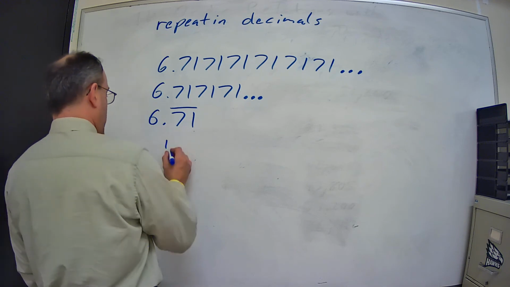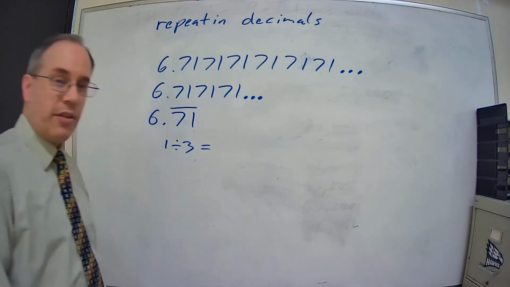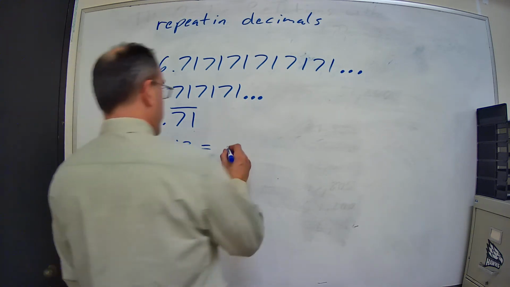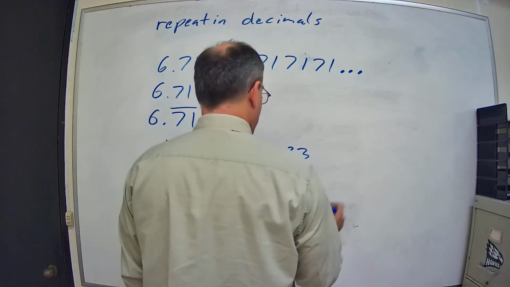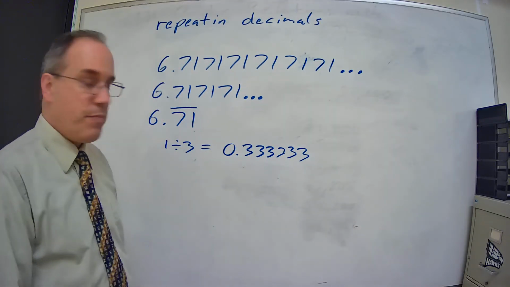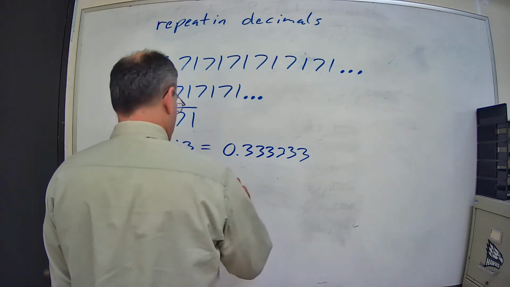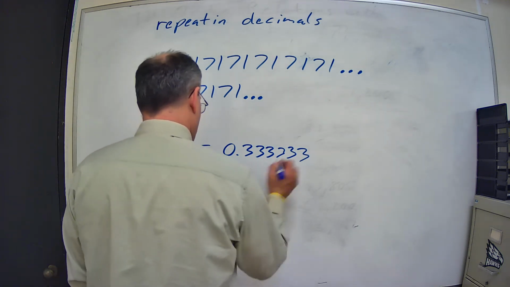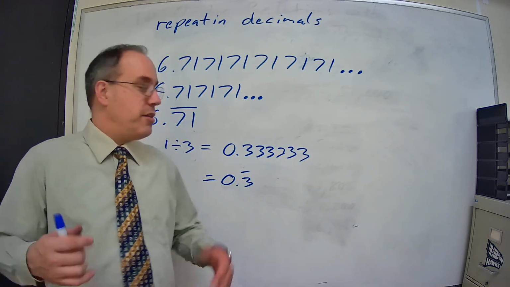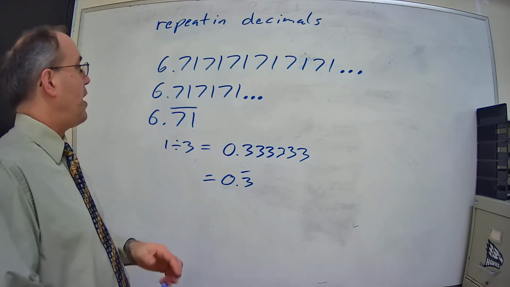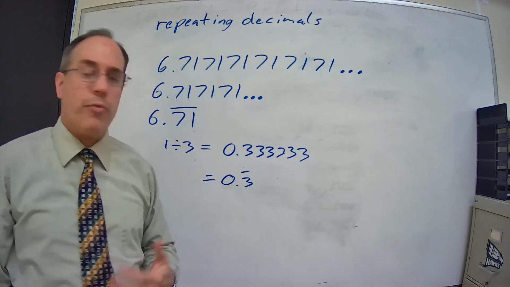If you took 1 divided by 3 and plugged that into your calculator, it will either give you 0.333333 and keep going like that forever, or as many digits as it'll show, or it may show 0.3 repeating. So there are multiple ways to represent repeating, and don't forget the G when you write repeating.